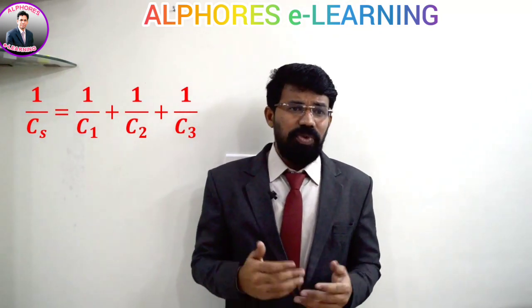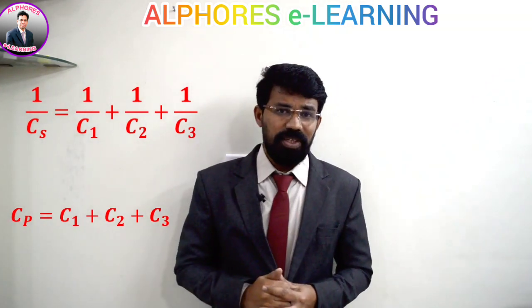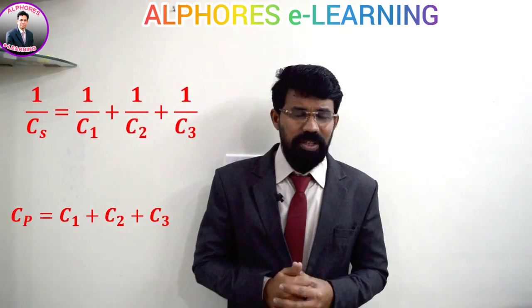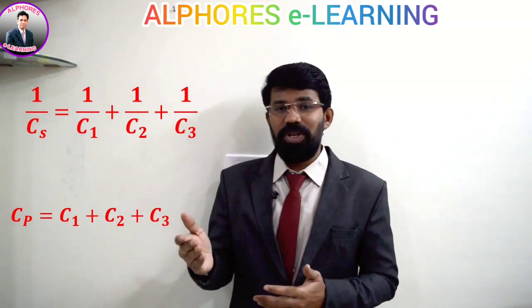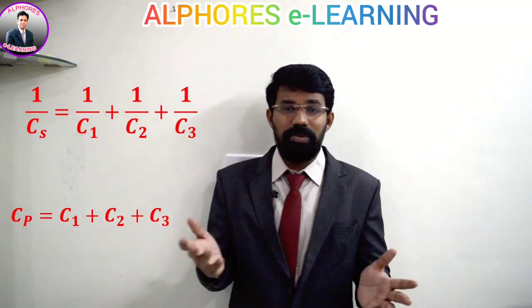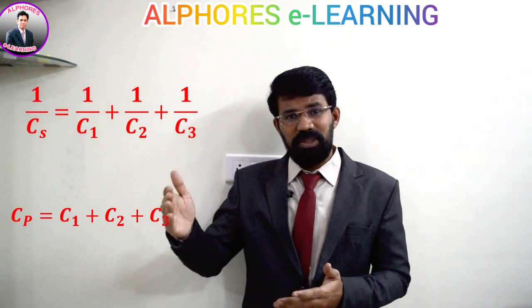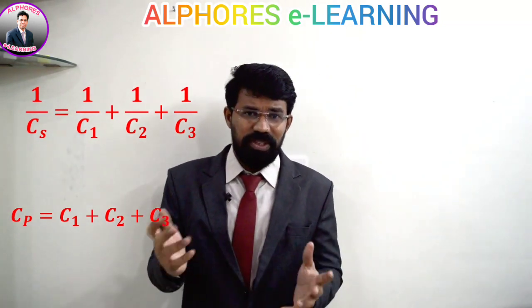And if you go with the parallel combination of capacitors, this equation appears: Cp is equal to C1 plus C2 plus C3. If you take n identical capacitors, all having the same capacitance C, then Cp is equal to nC, since C plus C plus C and so on, n times. So nC is the effective capacitance.